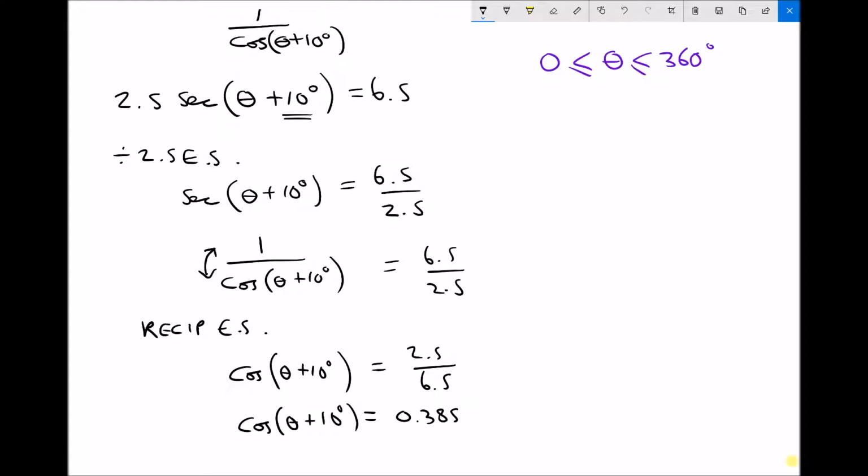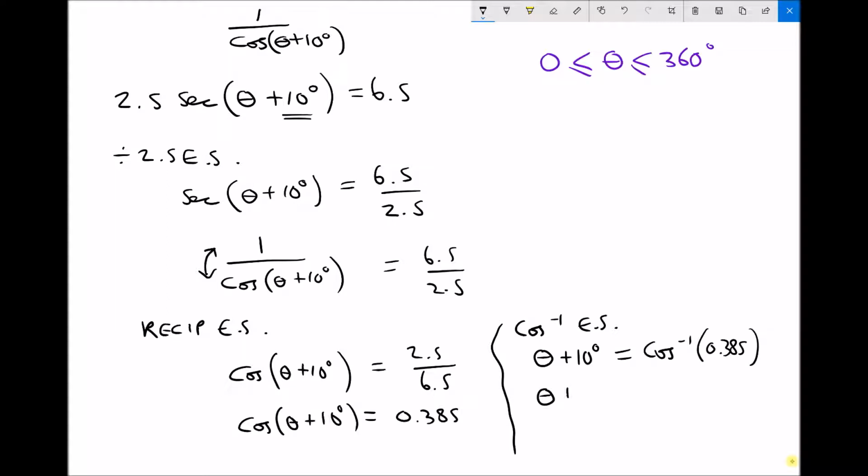And doing the inverse cos of each side, so cos to the minus 1 each side, is going to give us theta plus 10 degrees equals cos to the minus 1 of 0.385.